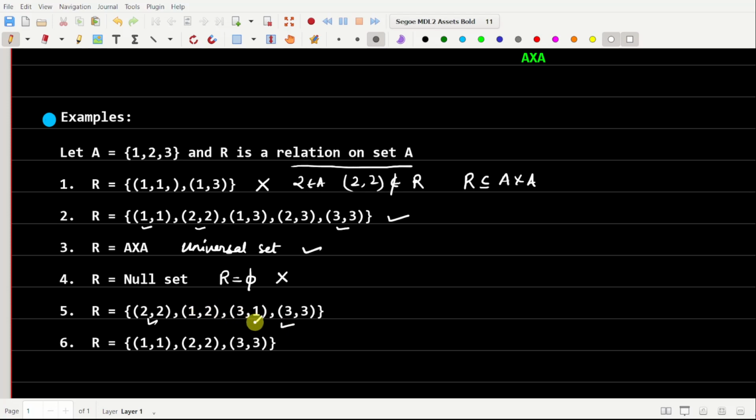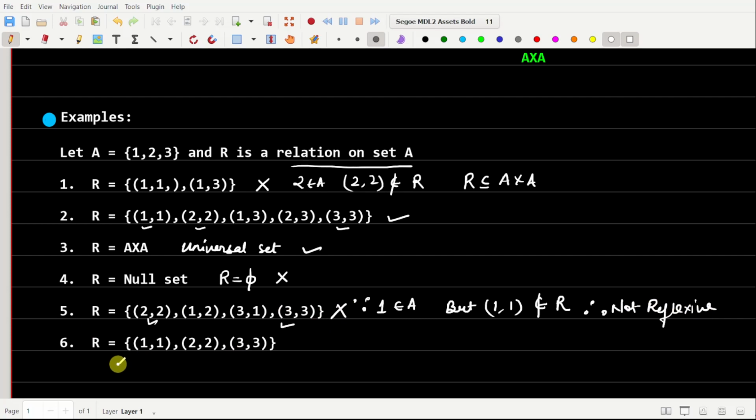Though other non-diagonal elements are present, we will not care about those elements, but because (1, 1) is not present, we will write: since 1 belongs to A, but (1, 1) does not belong to R, therefore it is not a reflexive relation, right?